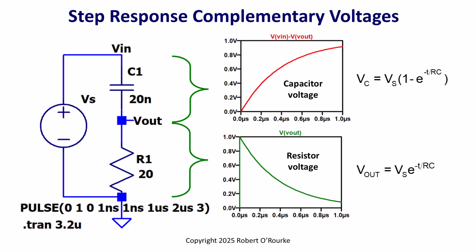The capacitor voltage quantity, V of Vin minus V of Vout, increases asymptotically up to the voltage source value V sub s, which is 1 volt in this simulation. The resistor voltage Vout decreases asymptotically to 0.